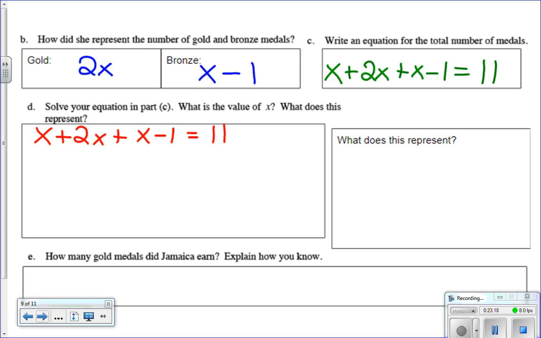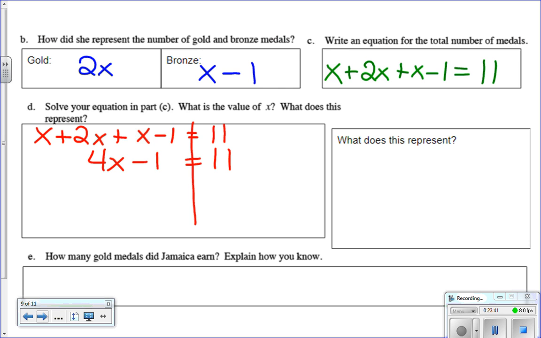Bradley. Combine your x. Okay, so what do I get, Bradley, when I combine all my x's? 5x. Close, but this is 1x, 2x, so 4x, and then bring this part down, minus 1 equals 11.